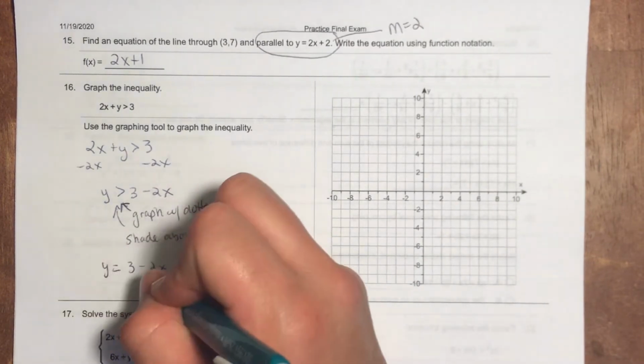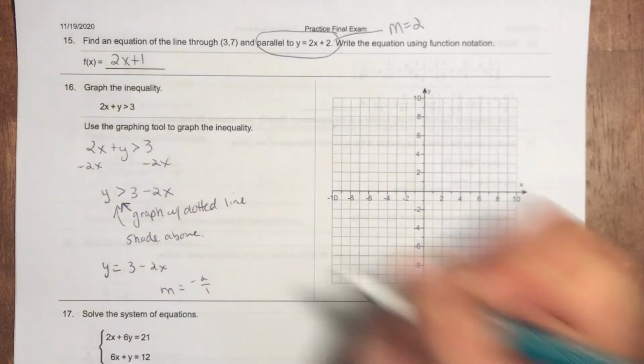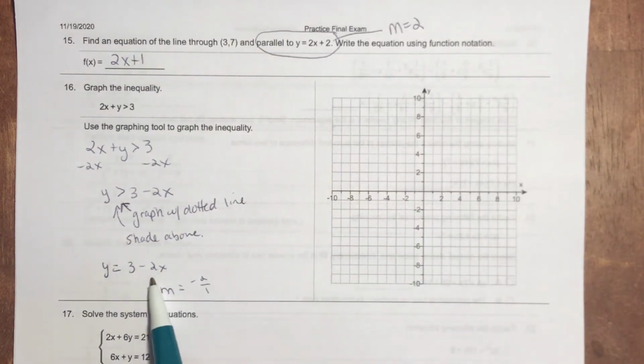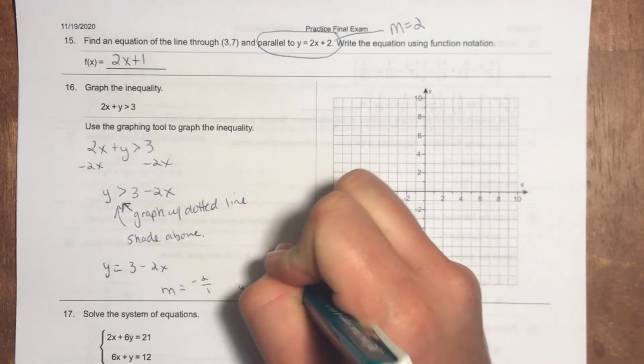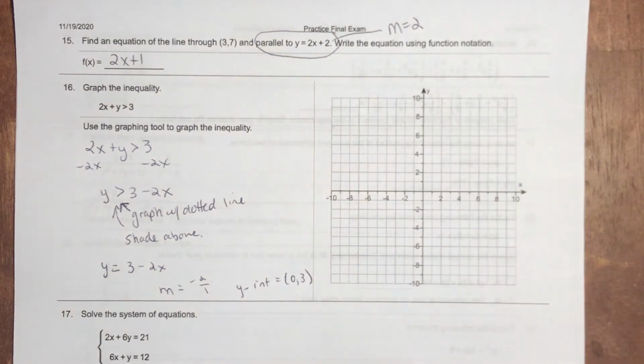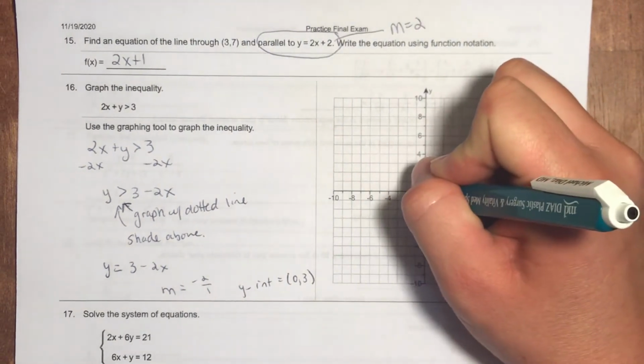Here our slope is negative 2 over 1. That's the coefficient of x. And the y-intercept is 0, 3. So we'll plot the y-intercept, 0, 3.